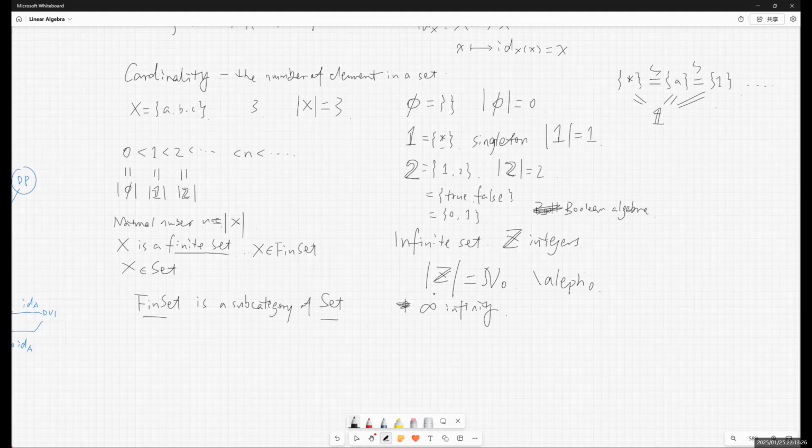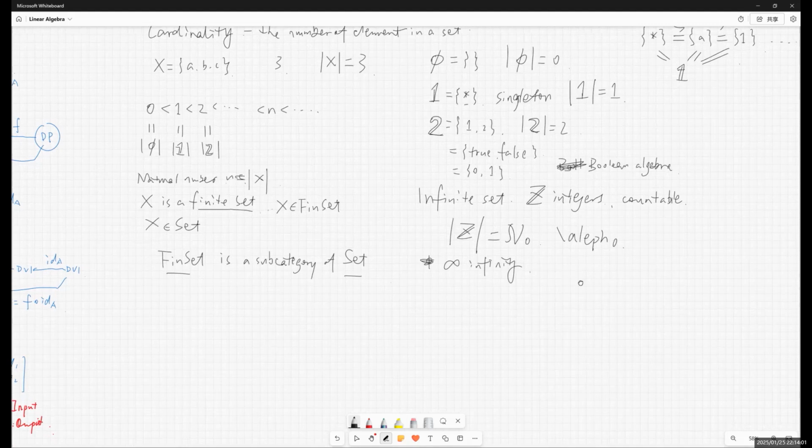And the number of integers is the minimum infinity, because the set of integers is countable. That means you can enumerate every element of the integers one by one. And according to the results of real analysis, every countable infinite set has the same cardinality.